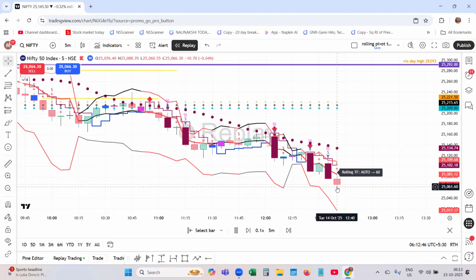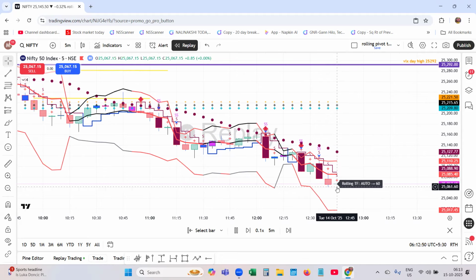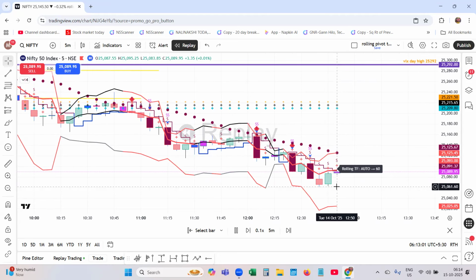You can enhance this by adding another indicator which I have released with CPR, shorter period Gann HiLo, and volatility contraction. And also narrow CPR, which is dynamic.